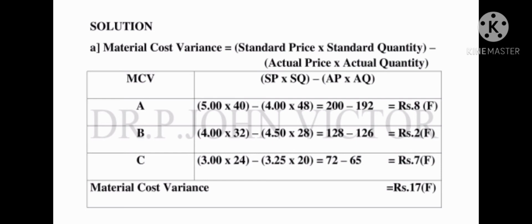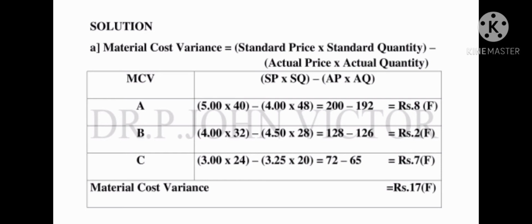This is the formula. For material cost variance, I have taken the products A, B, C. First let me take material A. As per the formula, SP stands for standard price, SQ standard quantity, AP actual price, AQ actual quantity.